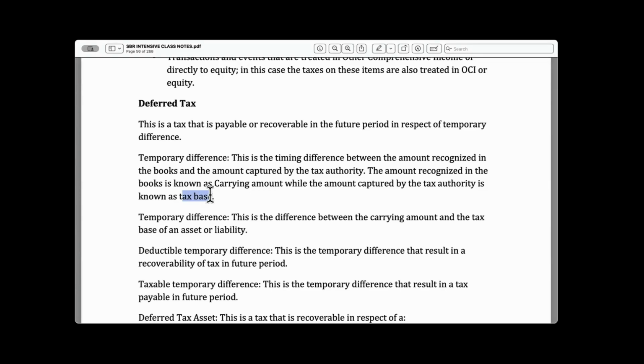So the effect of that is that the tax you are going to put in your P&L and OCI will not include the effects of that transaction, because the final determination of the figure for tax is the tax authority.